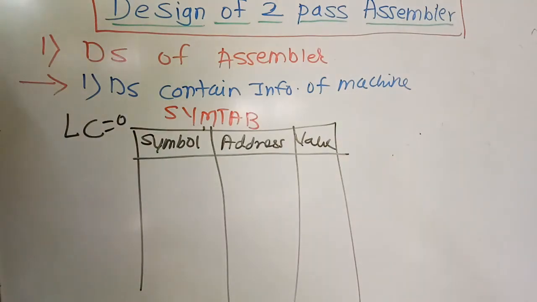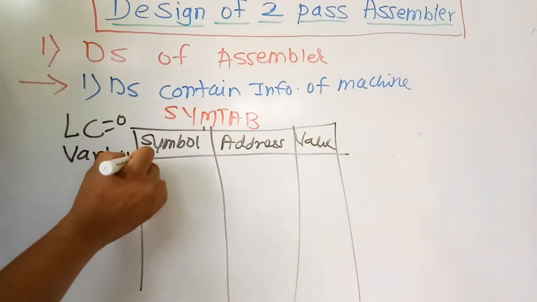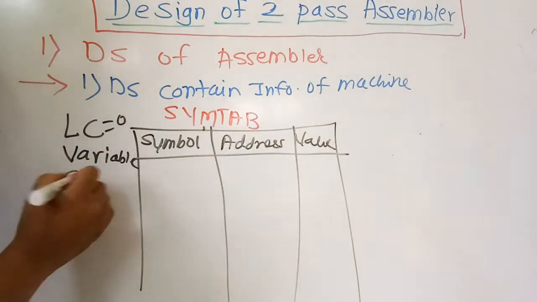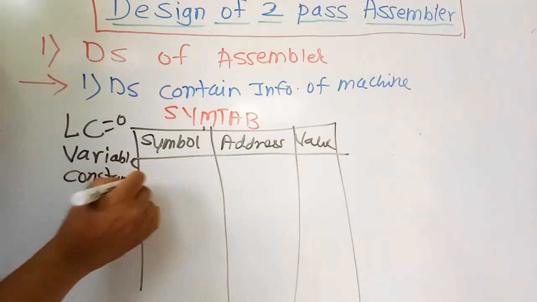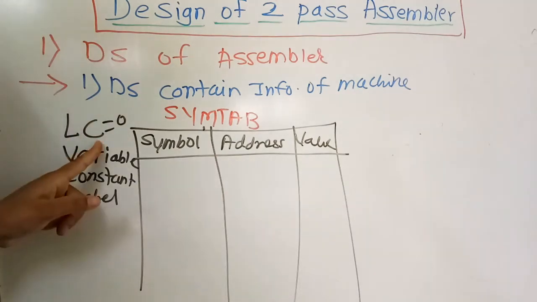Now, we will see the symbol table in detail. Symbol table is used to store symbols, means names of the variables, constants, and labels, with their different addresses and values. Value is nothing but the location counter.